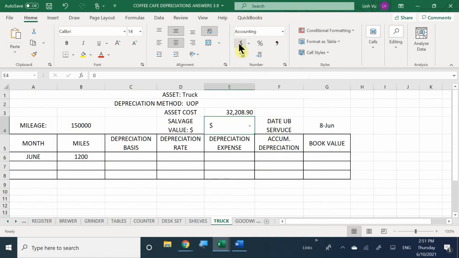Why does it not have the formula? It's going to be 40%. No, it's 20%.